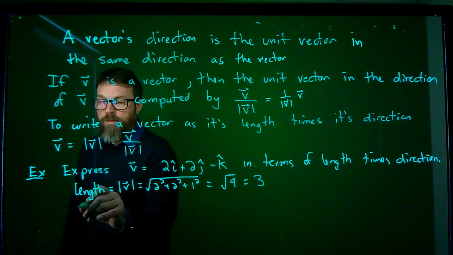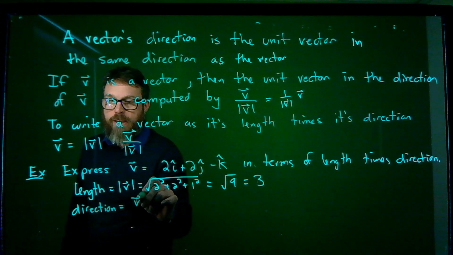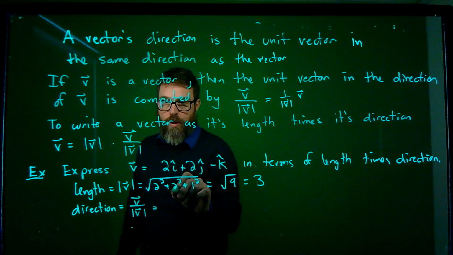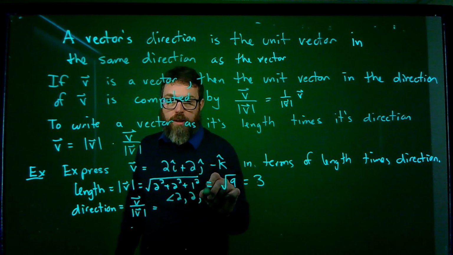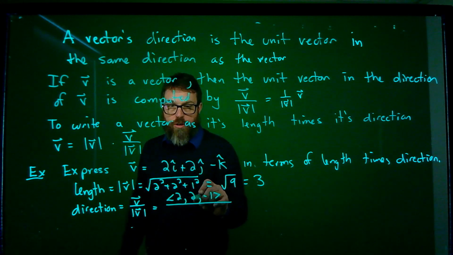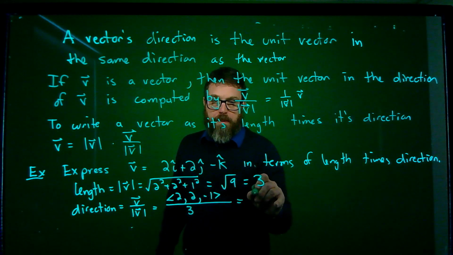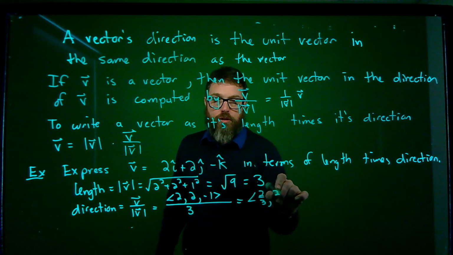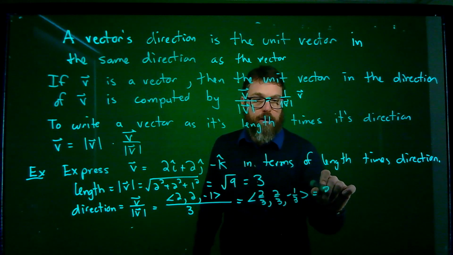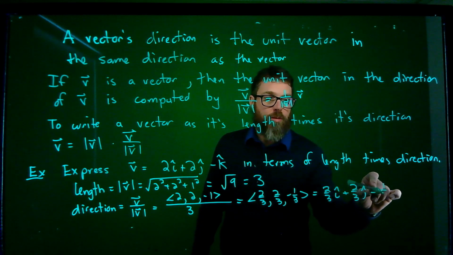Now its direction is computed by v over the magnitude of v. V being the initial vector, so I can write this in component form, or if you prefer the ijk form, it doesn't matter. So this is going to be all over 3. So I can rewrite this as 2/3, 2/3, negative 1/3, or if you like the ijk, you could do 2/3 i plus 2/3 j minus 1/3 k.